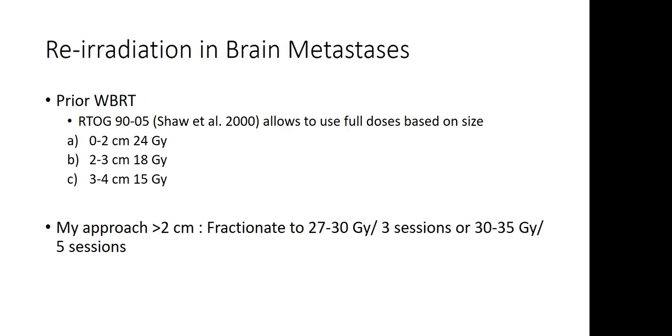From 0 to 2 centimeters, they delivered 24 gray, 2 to 3 cm, 18 gray, 3 to 4 cm, 15 gray. It was a dose escalation study, and they established these as the max doses we use based on the diameter of the tumor.